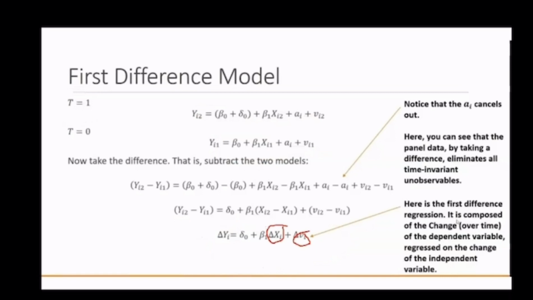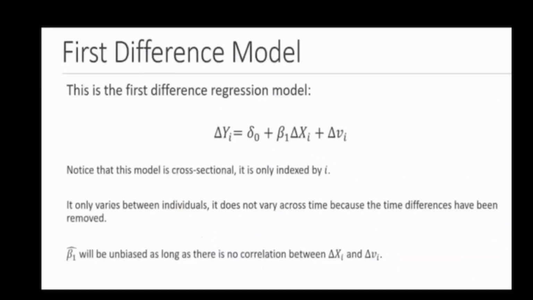That was what I was trying to talk about here. Notice this model now represents that of a cross-section, because there's only a cross-sectional component. There's no time component anymore. You've already eliminated that. Which means it only varies between individuals now, but does not vary across time, because the time differences have been removed. And when the time differences are removed, your beta one is going to behave well.